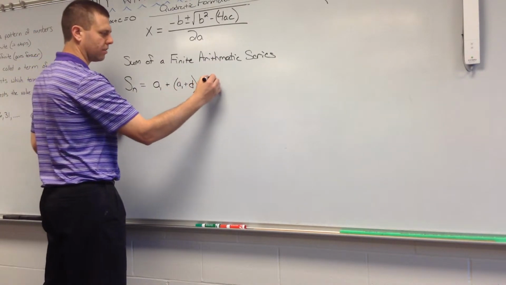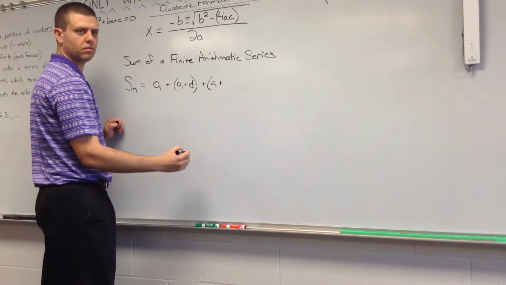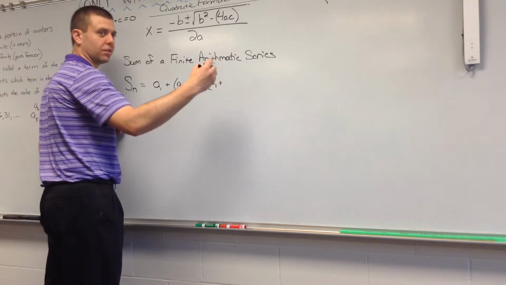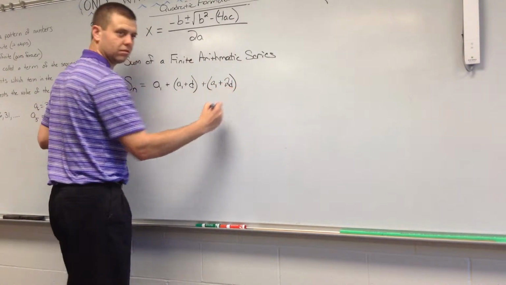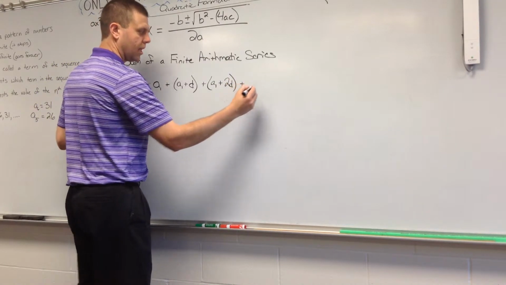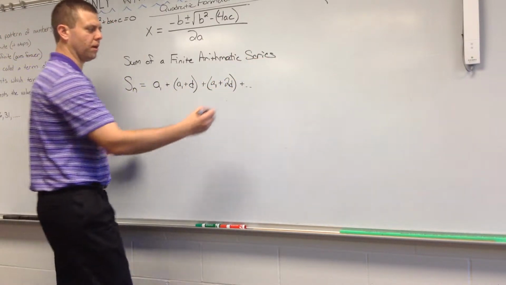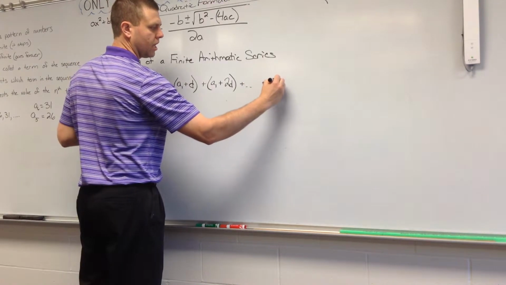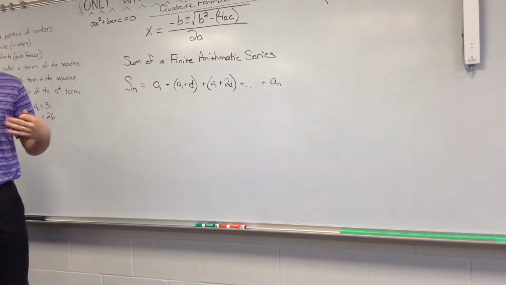What's the next term? A sub 1 plus the difference plus the difference, so 2 differences, and so on. A sub 1 plus 3 differences, A sub 1 plus 4 differences, all the way until we eventually get to a sub n, whatever the last term is.